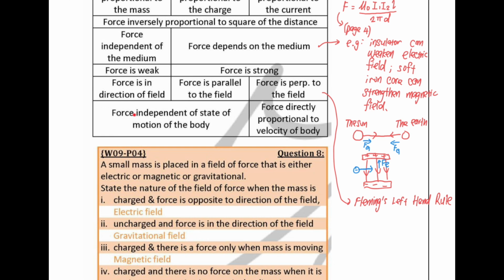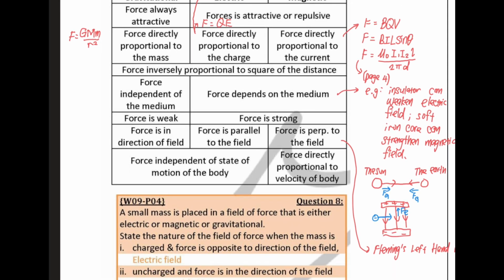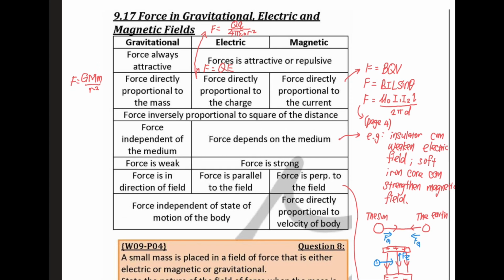Okay, so next one, the last row. Force is independent of the state of motion of the body. As you can see, our formula is a formula without velocity. As in gravitational force, F equals G m m over r squared, no velocity. Likewise, electric force, F equals q q over 4 pi epsilon naught r squared, or F equals qE, there is no velocity.